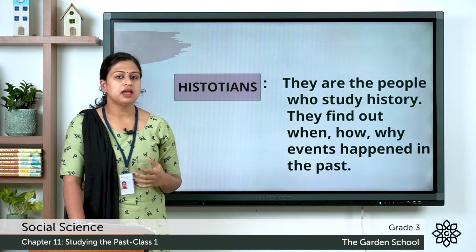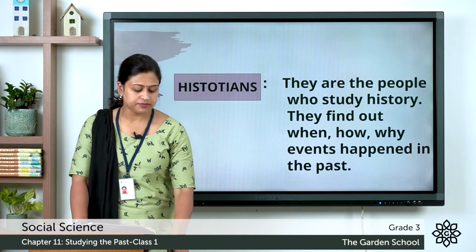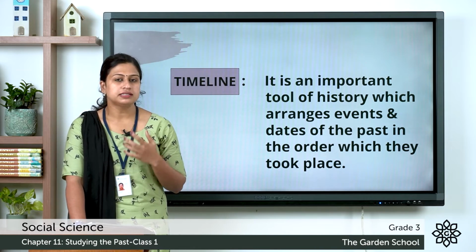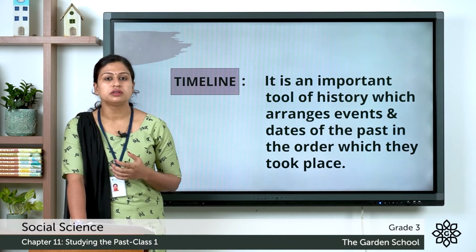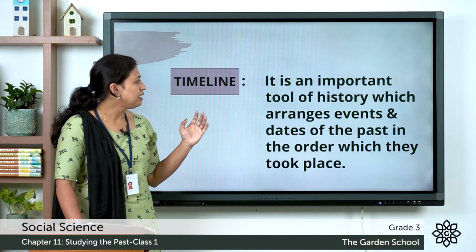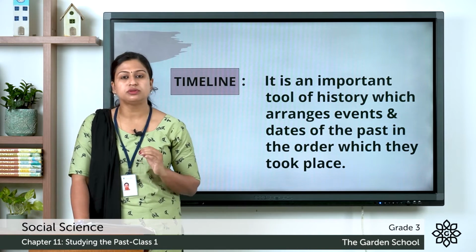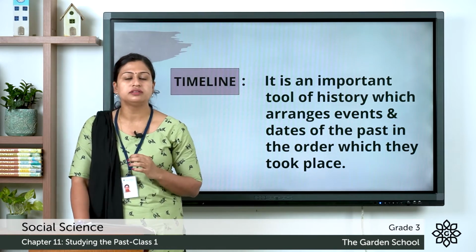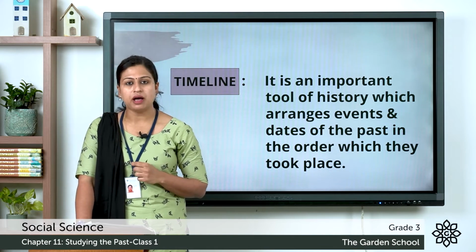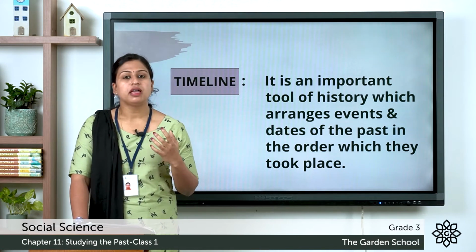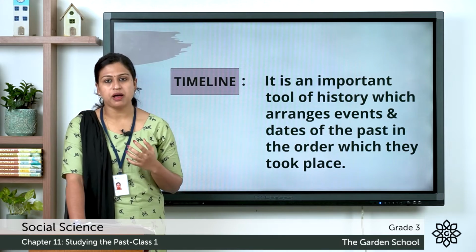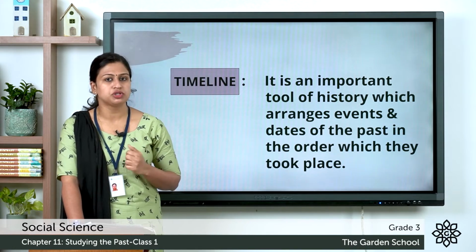Now, let's understand what this timeline means. We have already discussed that historians use different tools, and the timeline is one of the important tools used by historians to study the past. It is an arrangement of events and dates of the past in the order in which they took place.